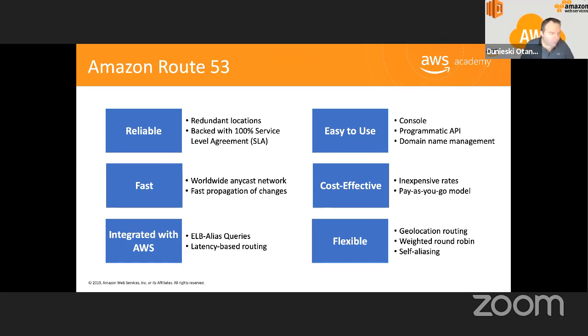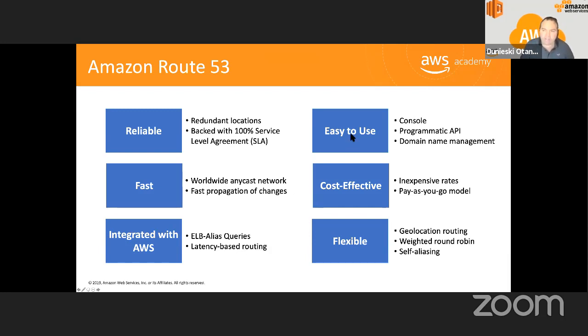So it is fast, with a worldwide anycast network and fast propagation of changes. If you change something in Route 53, it will propagate really fast around the world. It's integrated with AWS ELB alias queries. You can make queries to ELB and latency-based routing. We're going to see those routing policies in a moment.